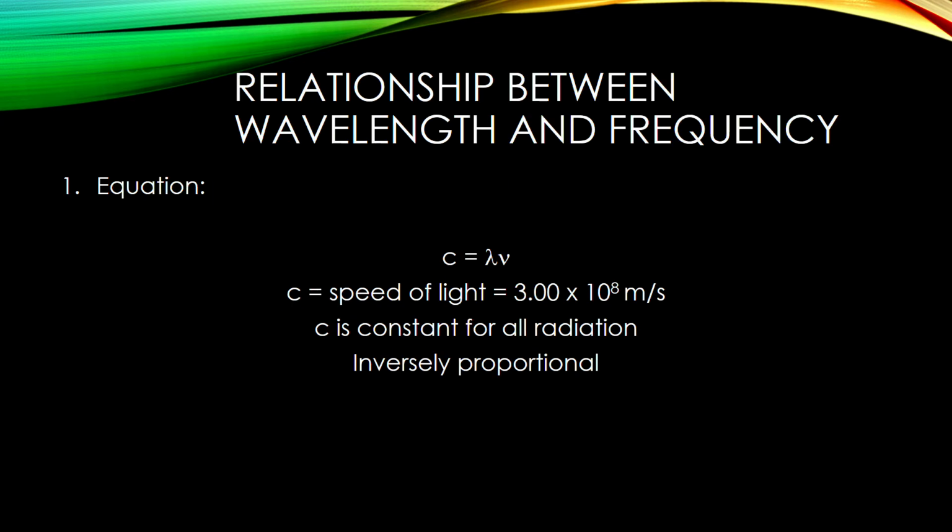We have an equation here, c equals lambda nu, where c is the speed of light. Remember, that is constant, and it is constant for all types of radiation, not just light. Wavelength and frequency are inversely proportional. As frequency goes up, wavelength goes down, and as wavelength goes up, frequency goes down. This allows us to solve certain things when we only know pieces about light.